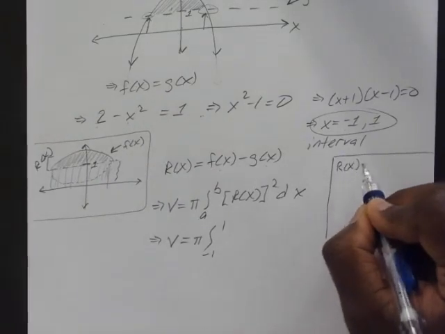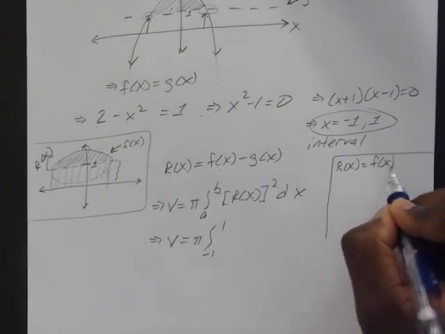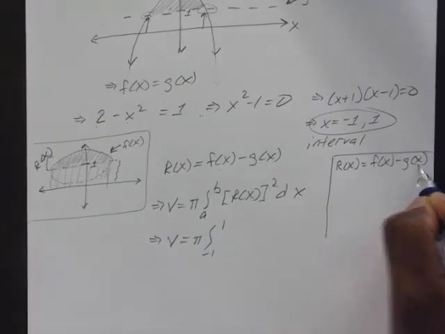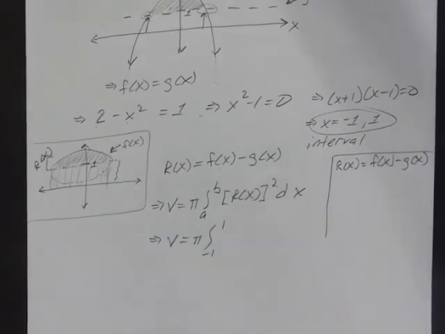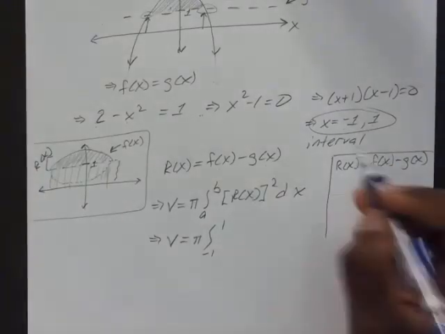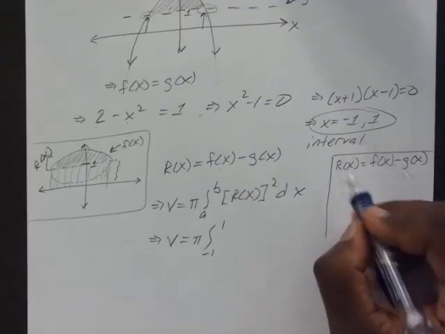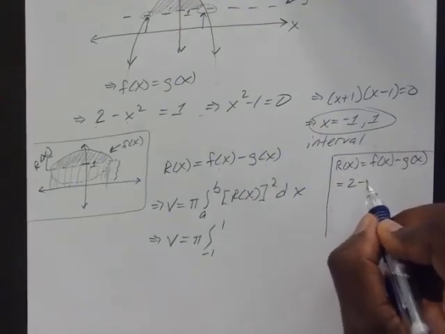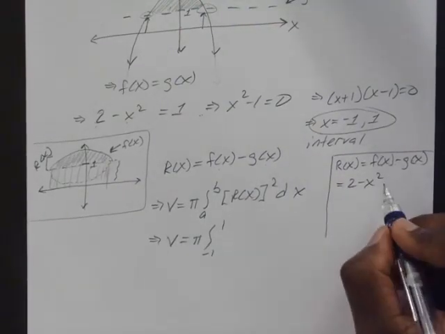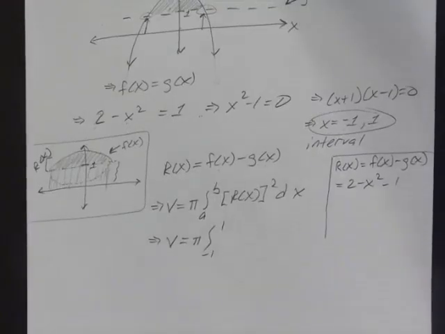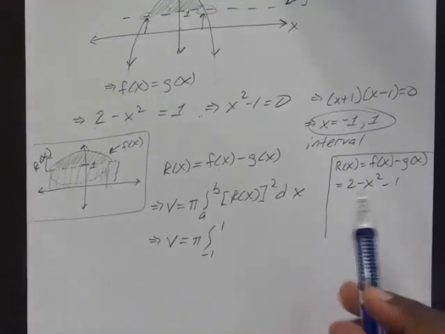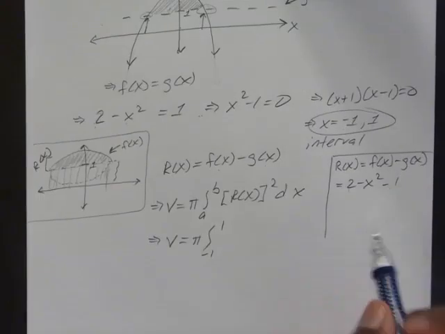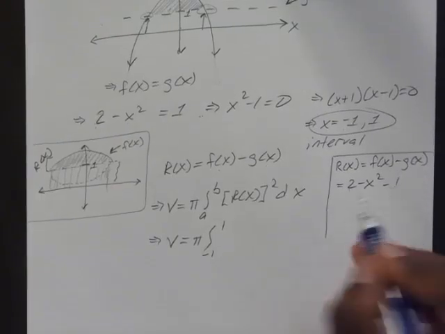R of x is equal to f of x minus g of x. Well, that gives us 2 minus x squared minus 1. So we have that 2 minus 1, that just gives us 1 minus x squared.